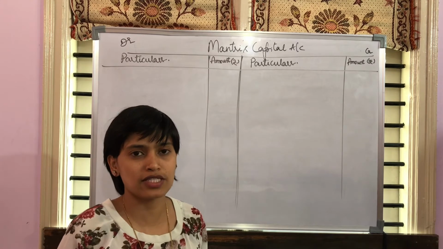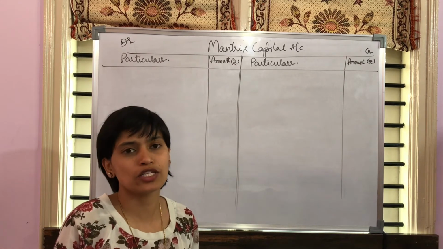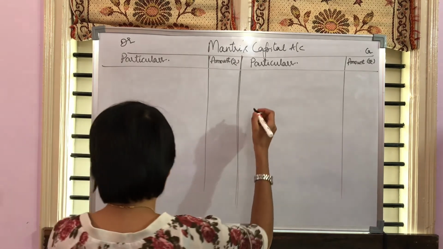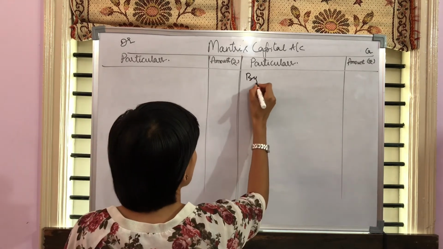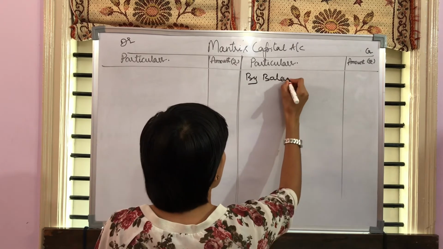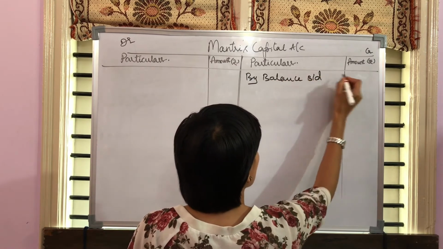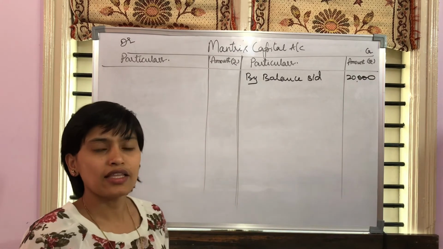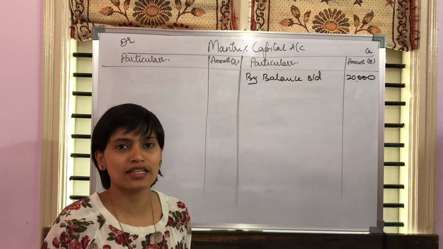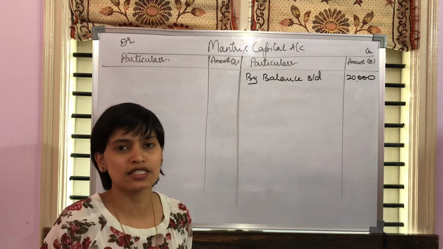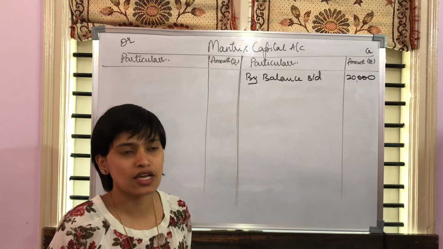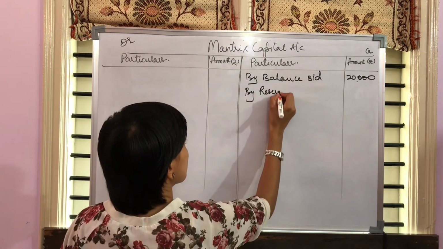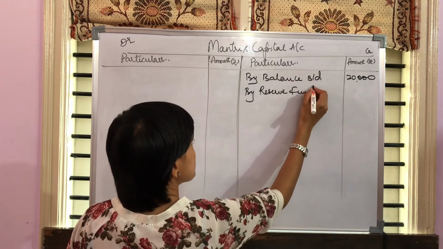Students, first let's prepare Mantri's capital account. In Mantri's capital account, first and foremost, we need to bring down the capital of the partner, which is written on the credit side as by balance brought down 20,000. In the balance sheet, on the liability side, there is reserve fund. And this reserve fund, we need to give Mantri's share. So let's write it as by reserve fund.